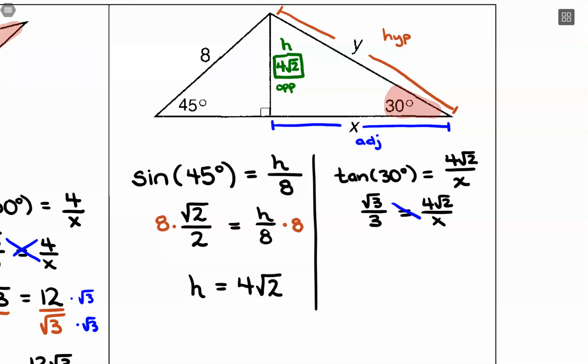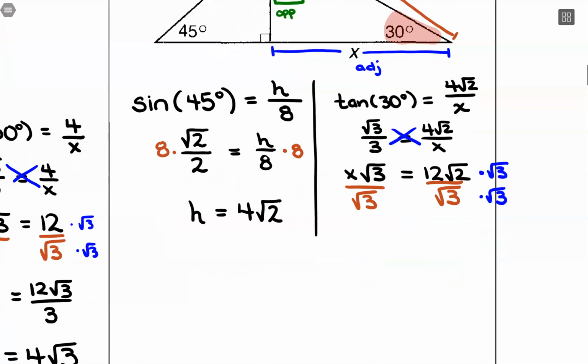Then I'm going to do some cross multiplication. So x times the square root of 3 is equal to 3 times 4 root 2, which will be 12 root 2. Then I'm going to divide both sides by the square root of 3. And again, I'm going to combine that along with rationalizing the denominator.